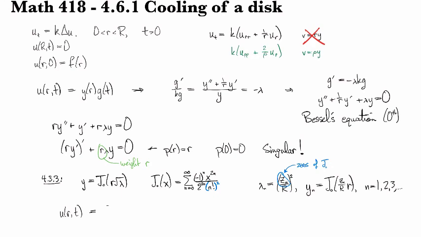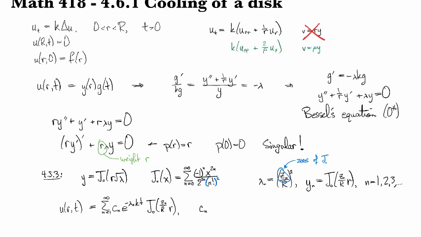So then, assembling all this, we have the series from 1 to infinity of C_n e to the minus, and then whatever that eigenvalue is, kt, and then we have this times J naught of the nth zero over r times r. And here these coefficients C_n are going to be given by the projection of f onto the nth eigenfunction, which is found like this.